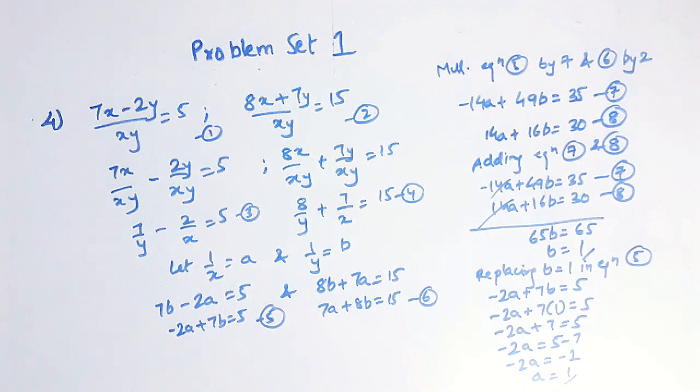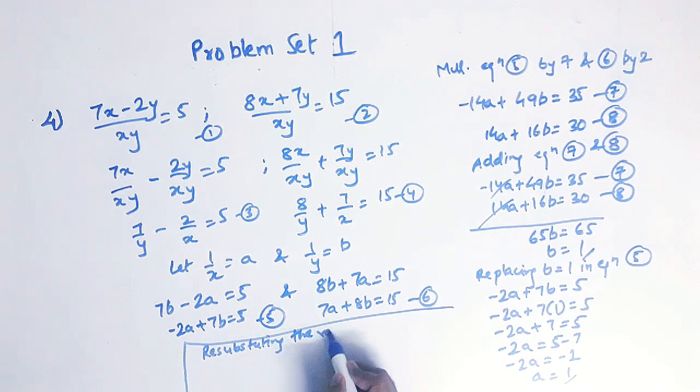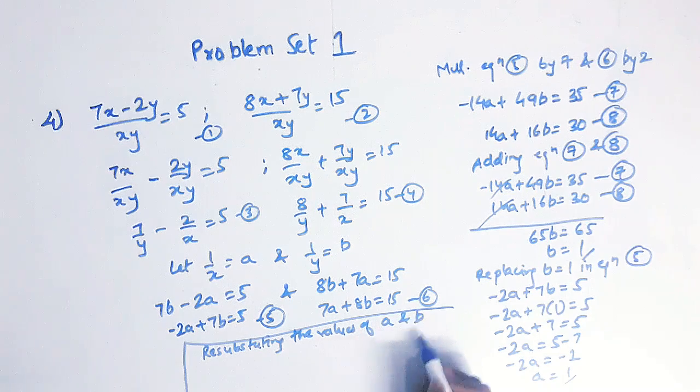Okay, this will help us in further finding x and y, which also looks very simple. Okay, so we will write the word resubstituting the values of a and b. That says 1 upon x is equal to a.